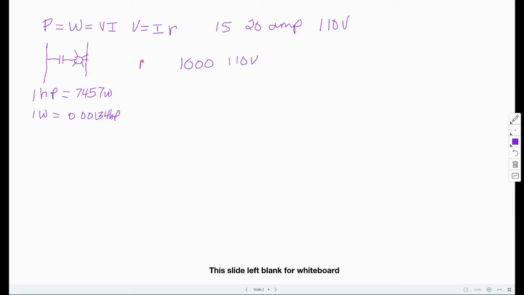So this is my microwave. Let's say I've got a TV, a 200 watt TV, still plugged into my house, so it's 110 volts.